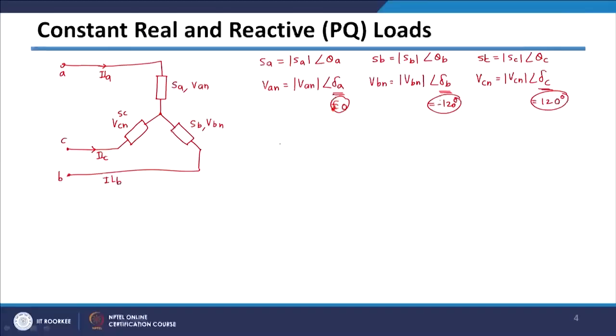So, basically we need to calculate how much current is getting injected into the system. In that case, ILA can be easily calculated from this data. It will be SA divided by VAN, where SA is magnitude SA with angle theta A, and VAN has angle delta A, and you have to take the conjugate of it.